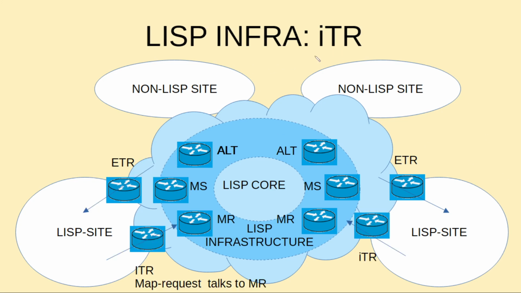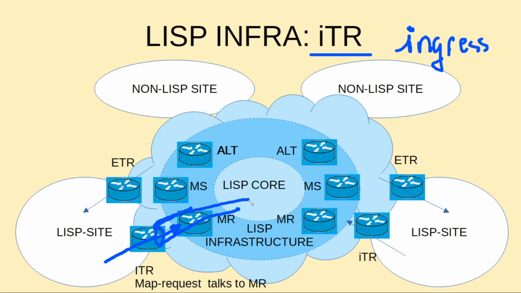Next we have ITRs. ITRs stand for ingress tunneling routers. They are called ingress because they are going to handle the traffic that comes from a LISP site into the core. And they are called tunneling because they are going to create a tunnel as this traffic is injected into the core network. In order to work, ITRs need to know what is the RLOC for a particular endpoint ID.